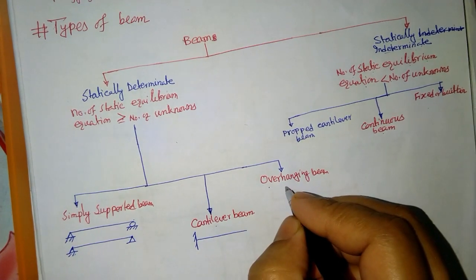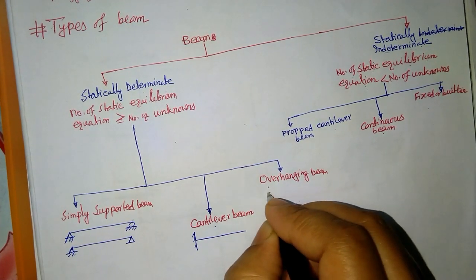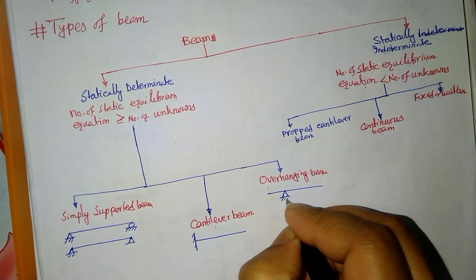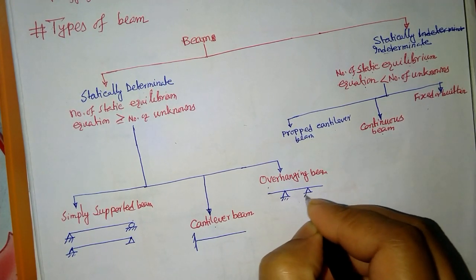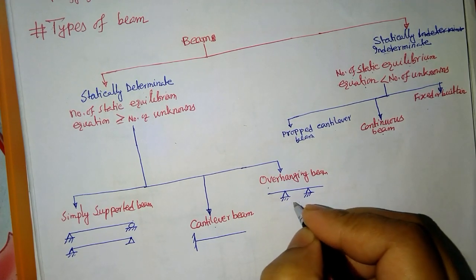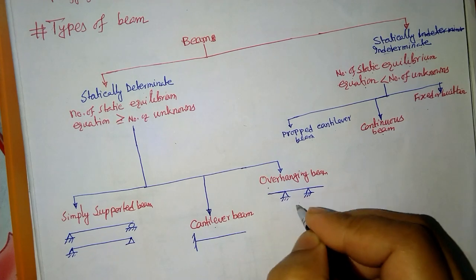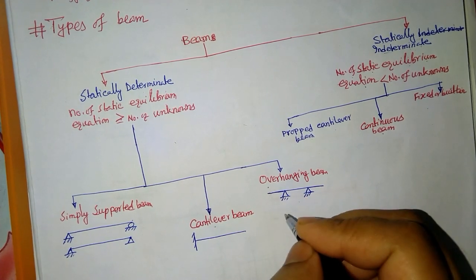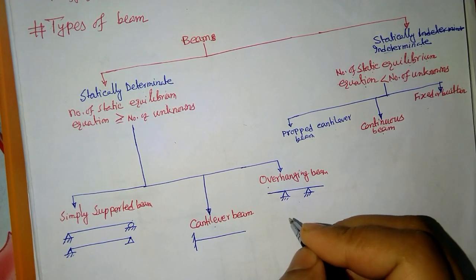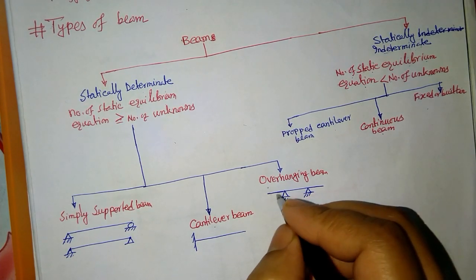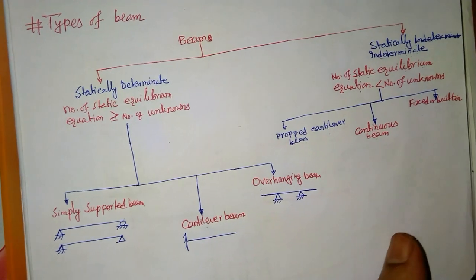Next we have the overhanging beam. Overhanging beam means just after the support there is an extension of the beam. We put the support, and after this there is an extension of the beam, so the beam is in a hanging condition. That's why it's known as an overhanging beam. So these are the three types of beam.